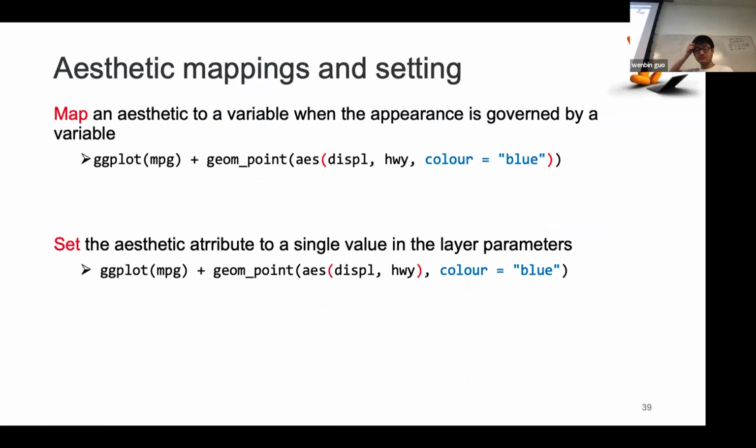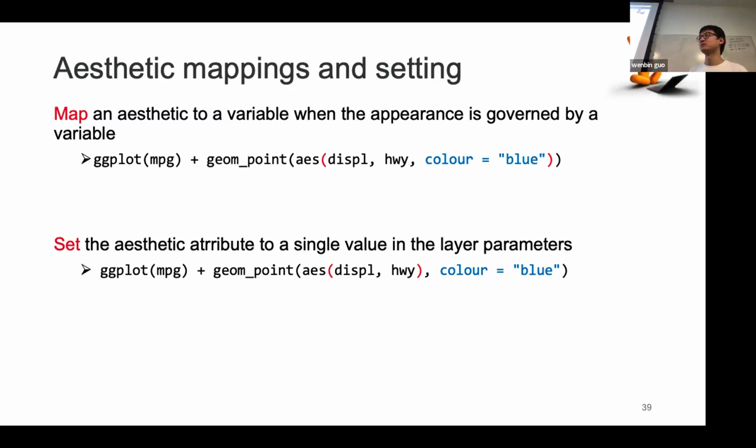And another thing I want to mention is aesthetic mapping. Mapping is that you map a variable to the properties, but the variable can take several values. So basically, this is an ideal way. For example, if you want to use a variable to color your plot, but there is also another thing called the aesthetic settings.